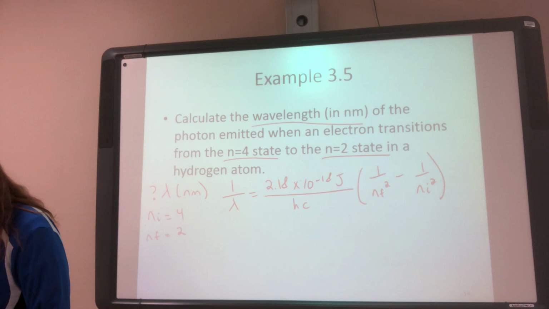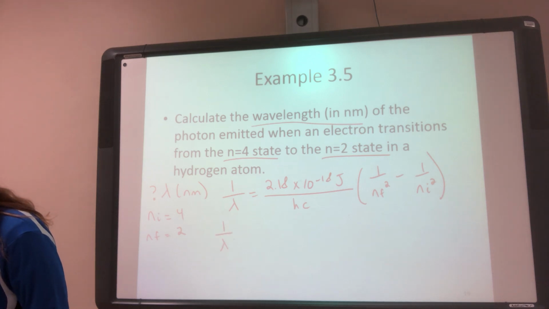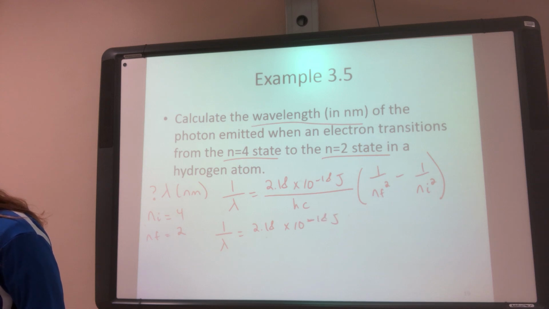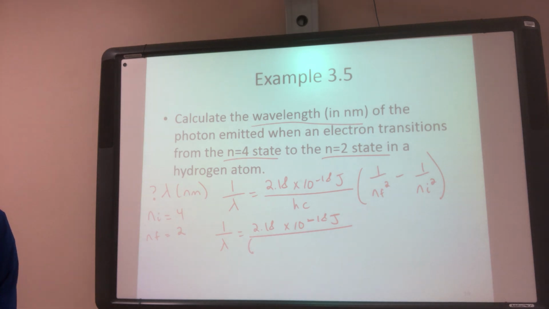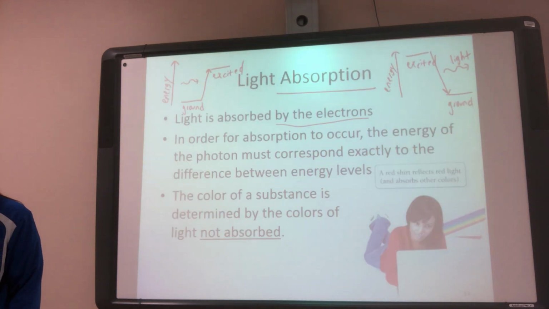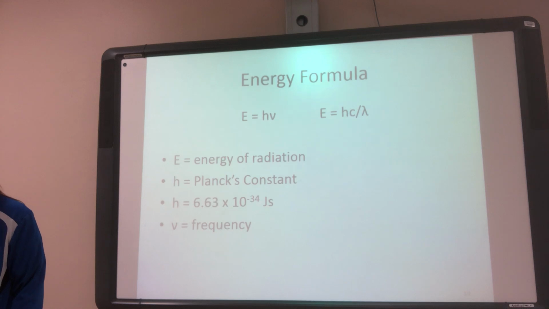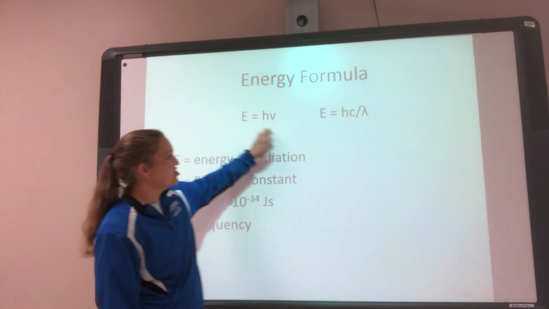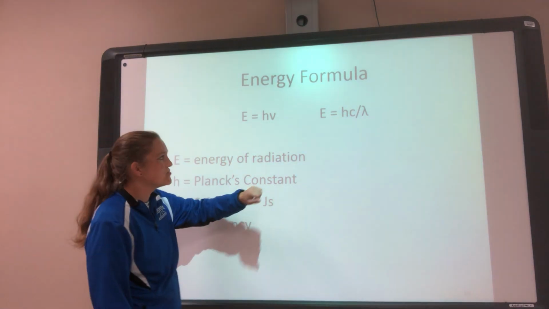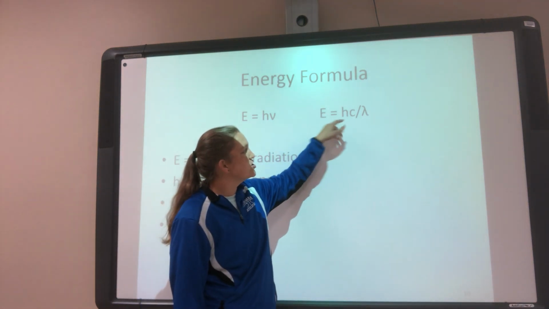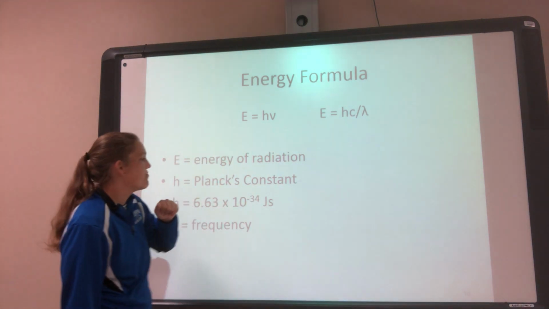So let's start plugging stuff in. 1 over lambda is equal to 2.18 times 10 to the negative 18 joules, and that's all over h. So what was h? Let's go all the way back. It's the same h that's in this equation, because we're including the energy, and that's where we get the hc in that Rydberg equation.